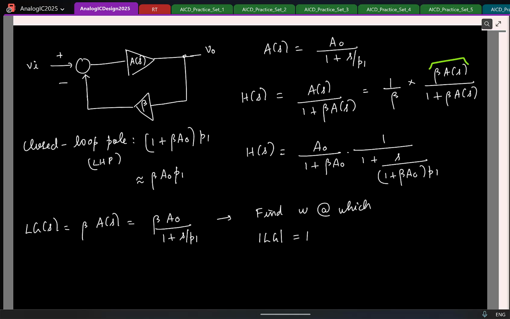This is a reasonably important metric, because remember, if you have a loop gain much greater than 1, you have a strong feedback. If the loop gain is less than 1, feedback is basically not active. So this frequency acts as a pointer or a metric to say whether my feedback is strong or weak, right? So that's why this is something to note. You can calculate and come in the next class. We'll continue from that in the next class.